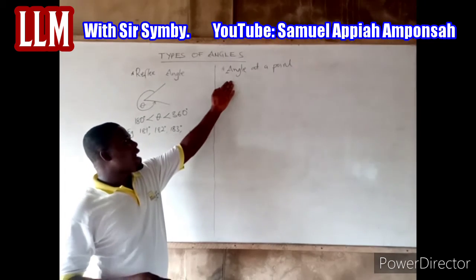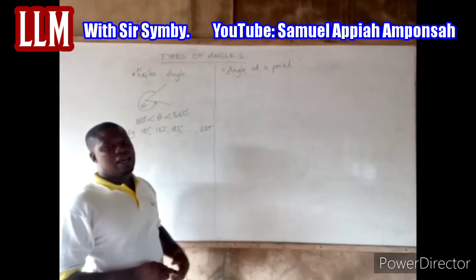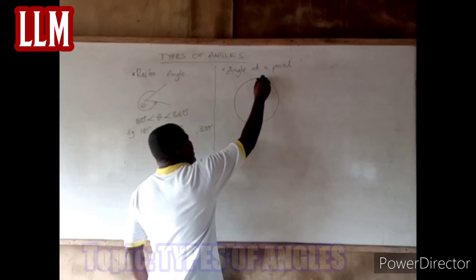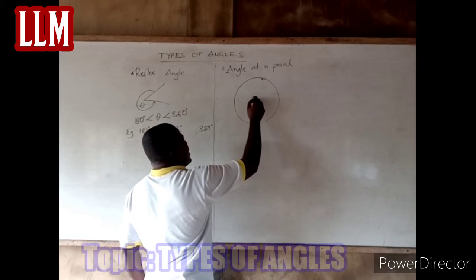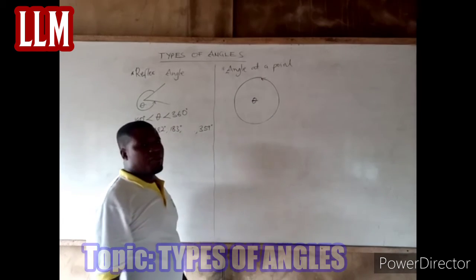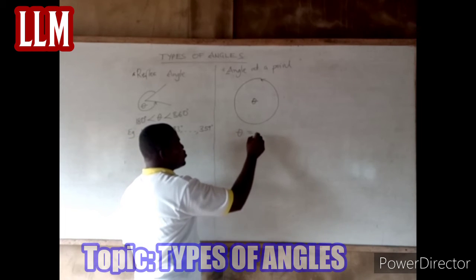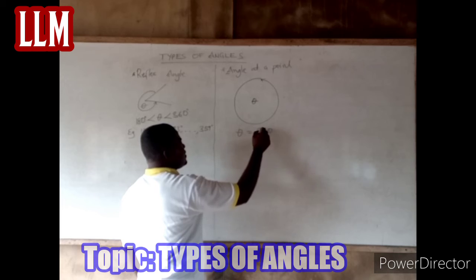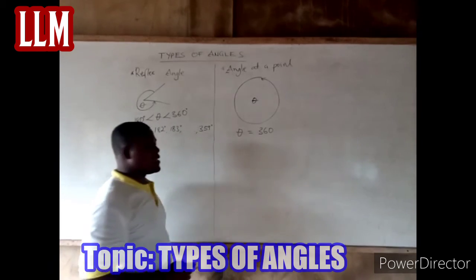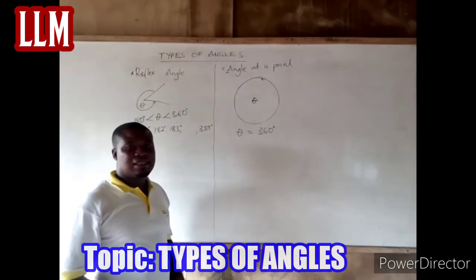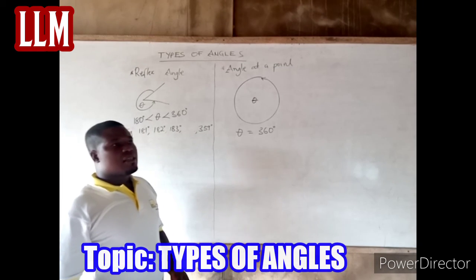It is also called angle at a point, and angle at a point should also be equal to 360 degrees.